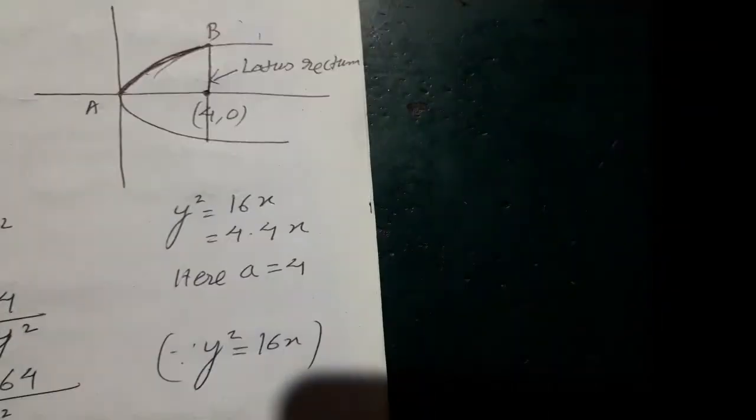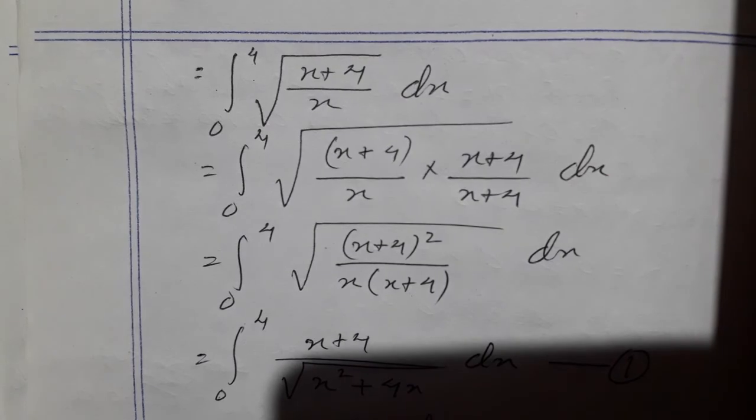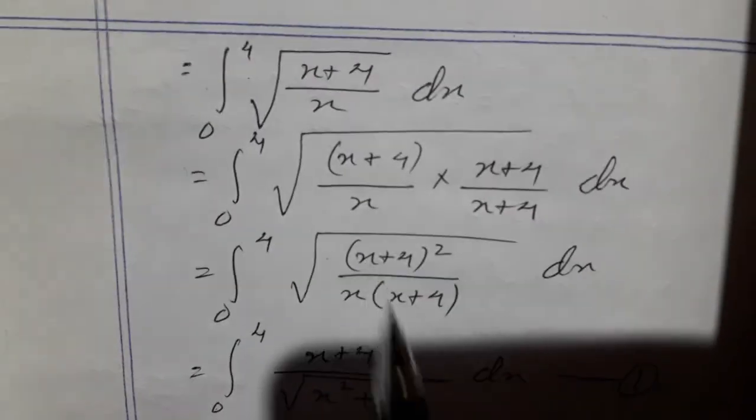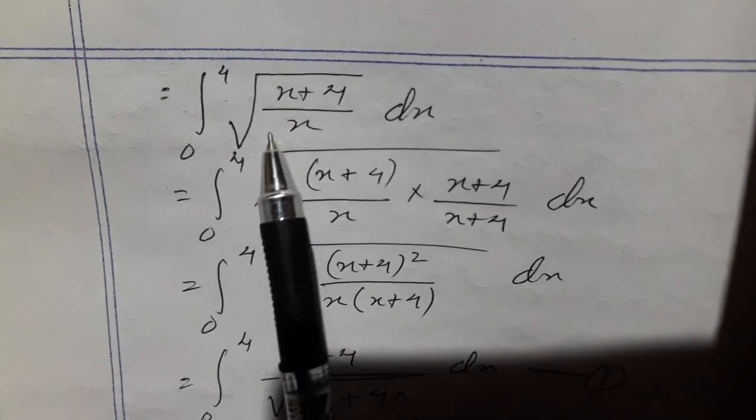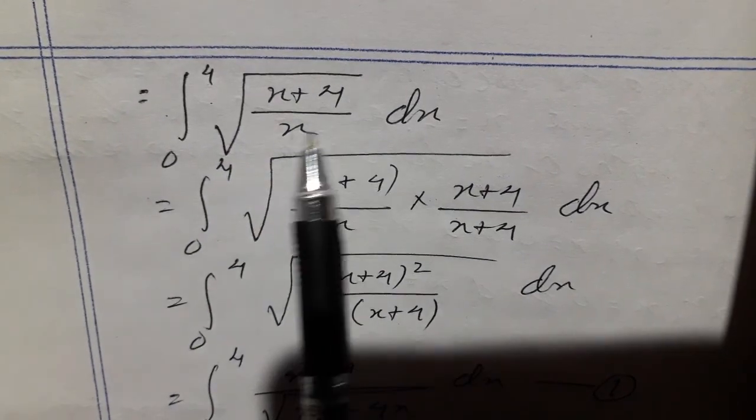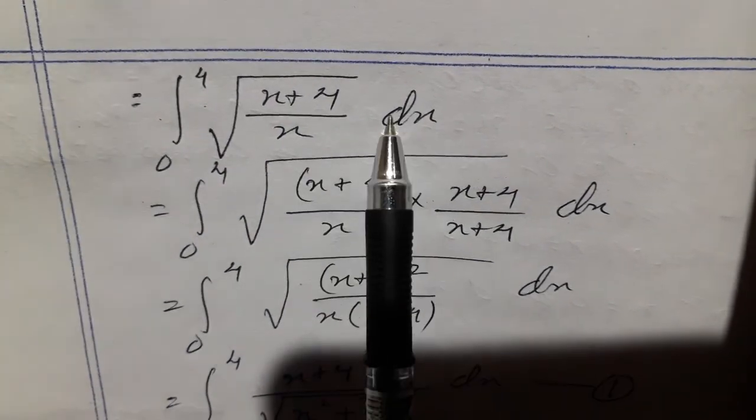Now we'll substitute this value, which we have done already. So we are getting square root of x plus 4 by x dx.